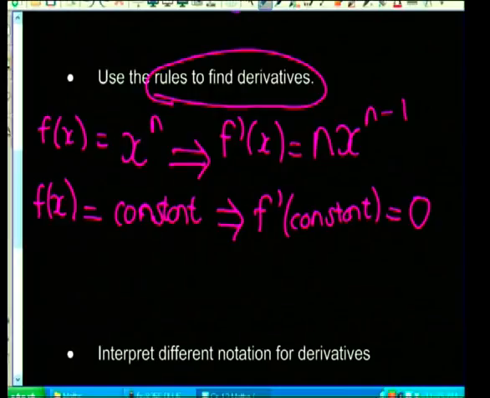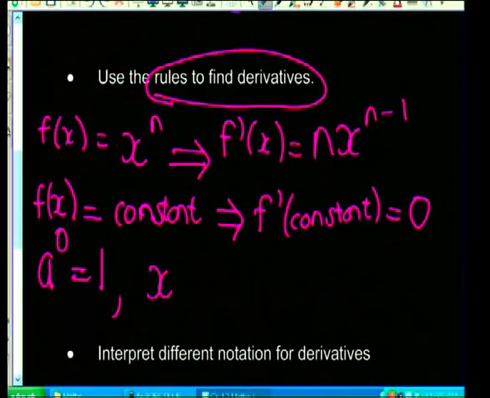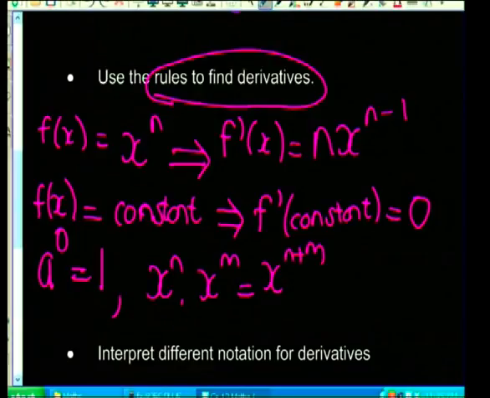Then the other one has got more to do with exponential rules, that anything to the power of 0 is 1. Don't forget your other exponential rules. Remember, if you multiply same bases, let me just write it out like that for you now, then you add the powers. We use that in one of the questions.